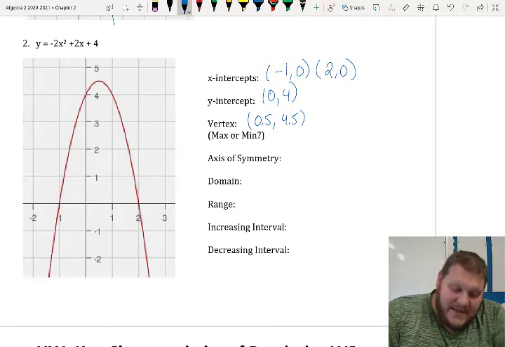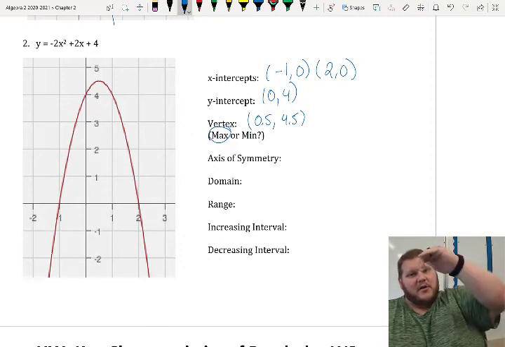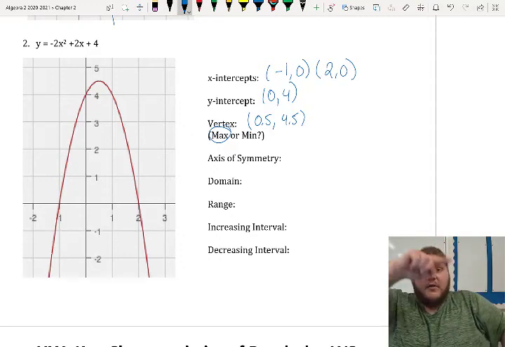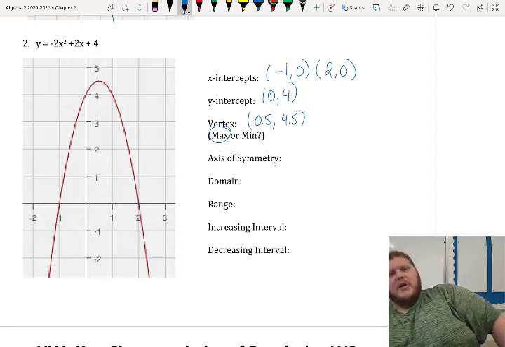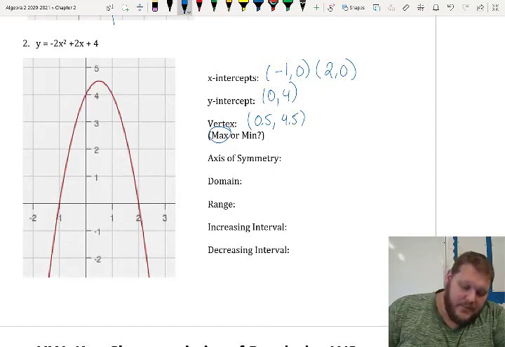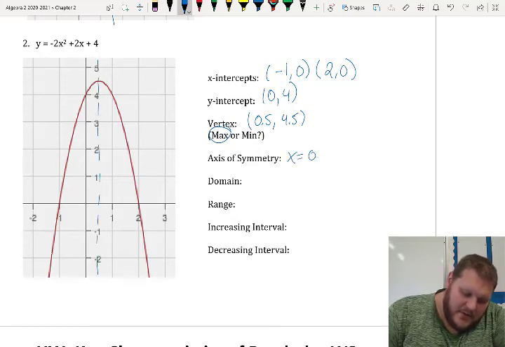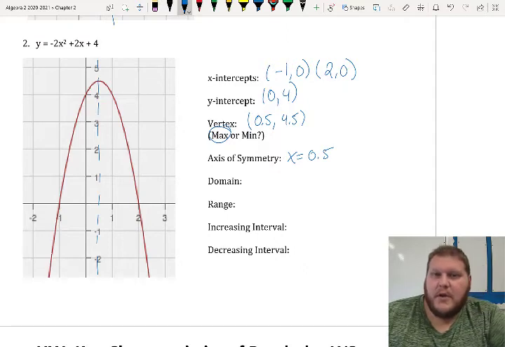This one is a maximum value because that is the highest point of my graph now. It's curved upward. The curve happens and it goes back down. So that vertex is the highest point in my graph. So it's a maximum value. My AOS goes right through my vertex. So that's going to be x equals 0.5.